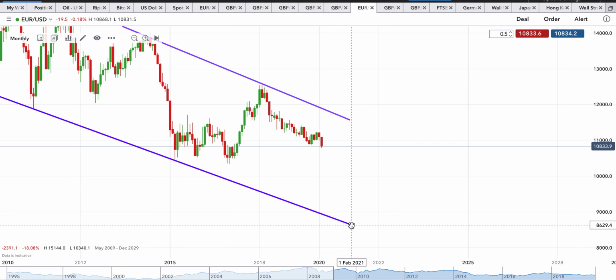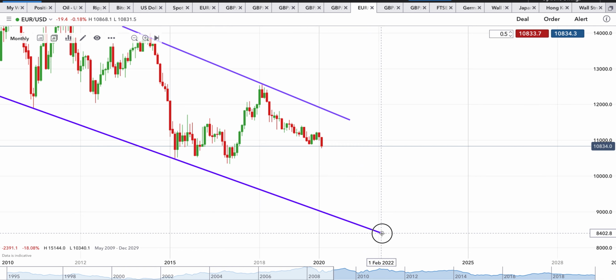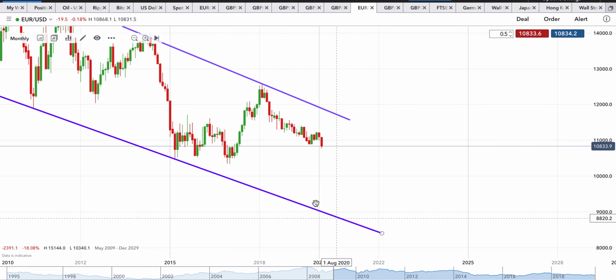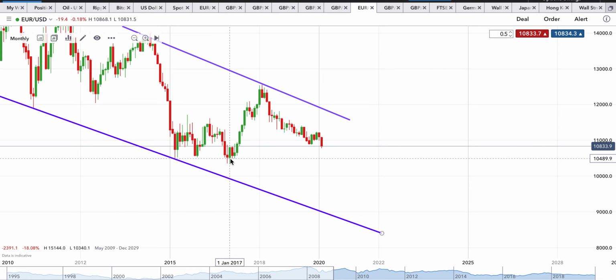It might take another year or two for us to get all the way down there, if we are going down there. If not, then we could see some support at around 105, which is where we saw support previously around 2015 and 2017. But all in all, this market is in a downtrend, so it's worth noting that.